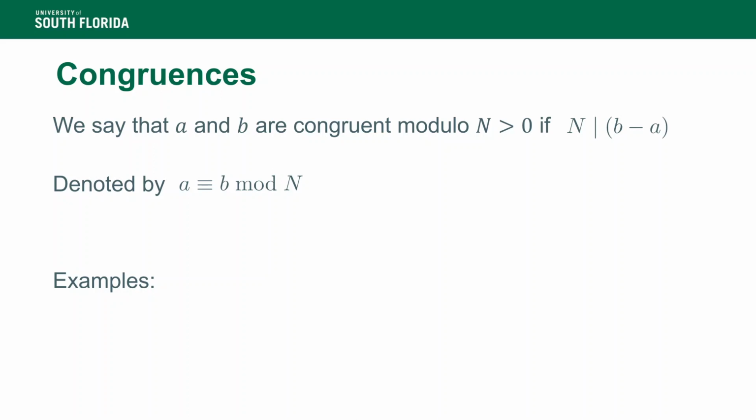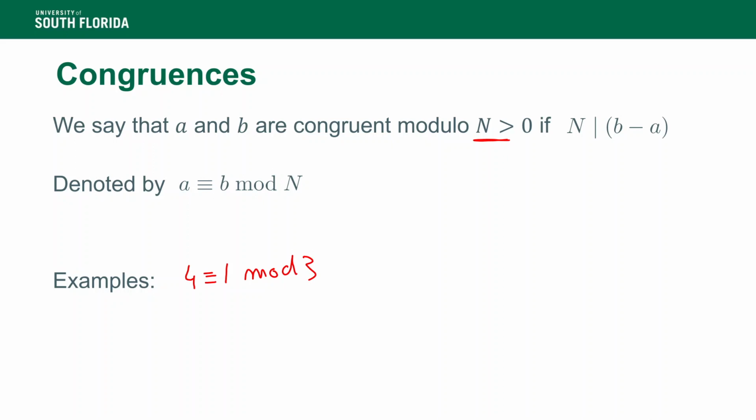We say a and b are congruent modulo an integer n, which is strictly greater than 0, if n divides b minus a. And we denote that by a ≡ b mod n. So for example, you have that 4 is congruent to 1 mod 3.